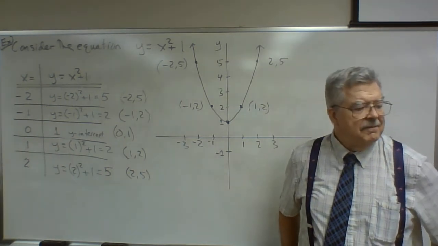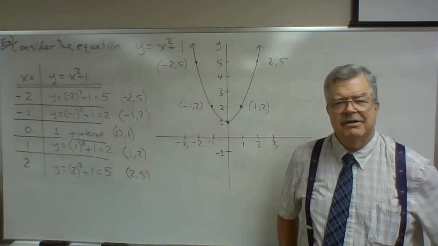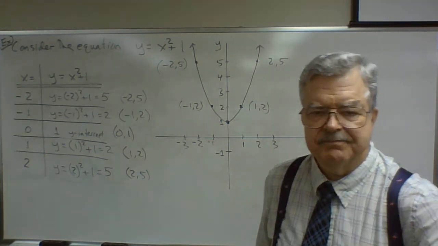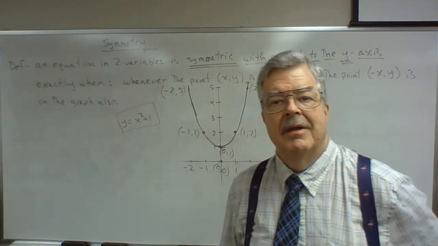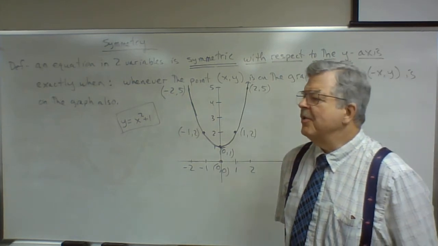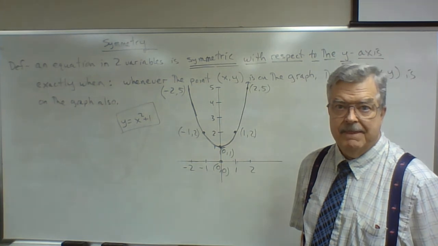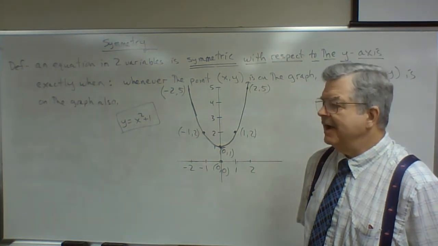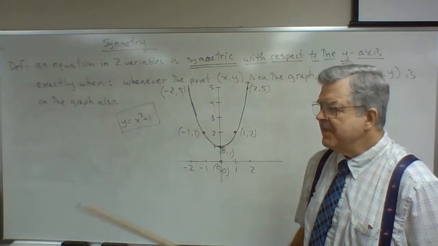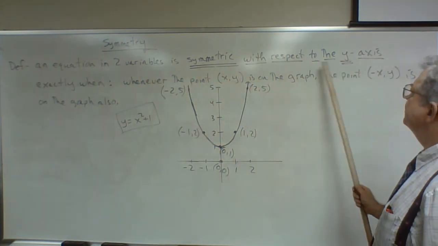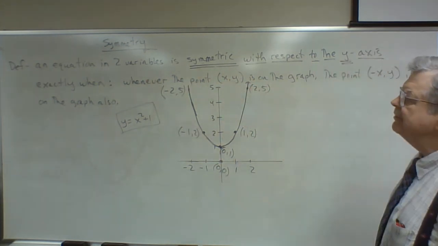Now, let's take a look at something called symmetry. Another important thing that we'll consider about graphs is symmetry. And there are different kinds of symmetry. Let's consider symmetric with respect to the y-axis.